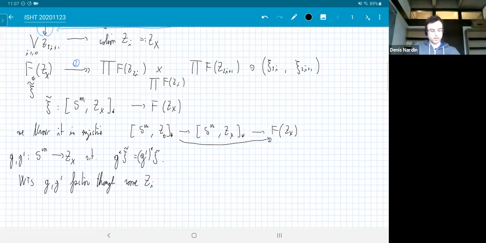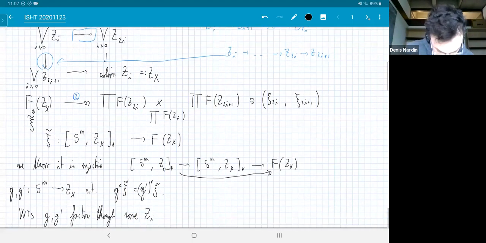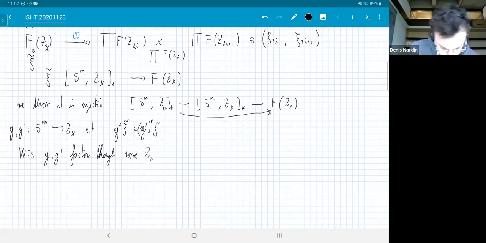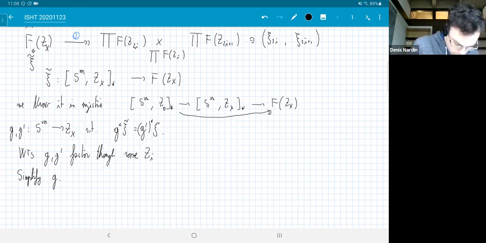So actually, first let's simplify. And remember, G and G prime are actually elements in pi m of Zx.